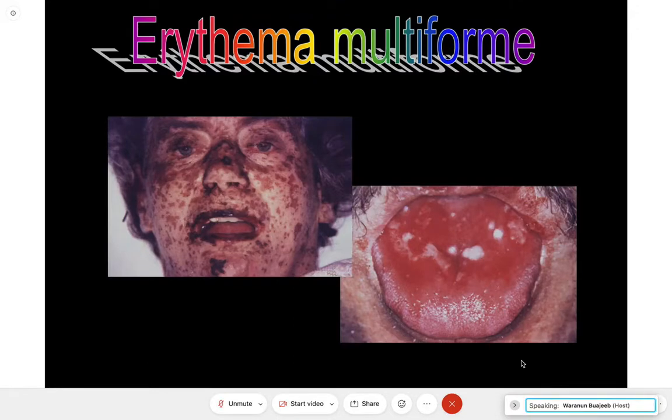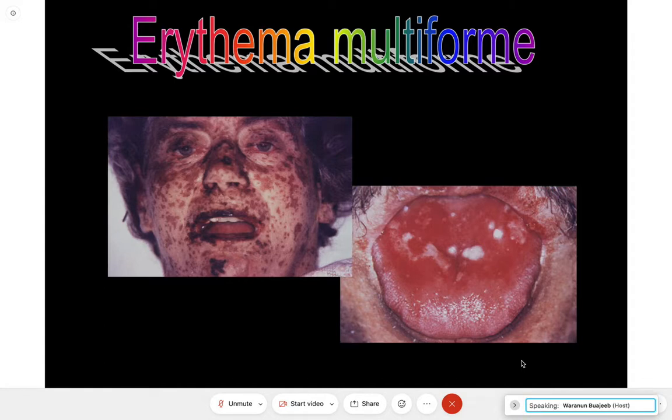You can see here, this is a case of quite severe erythema multiforme. If it's not so severe, maybe only one mucosa, mostly the oral mucosa, is affected. But if two or more mucous membranes are affected, it's quite severe.